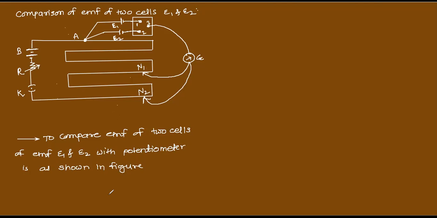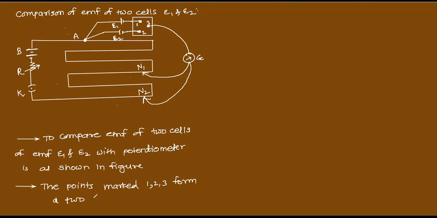So this one, a two-way key is connected, or you write like this: the points marked 1, 2, 3 form a two-way key. Two-way key means what?